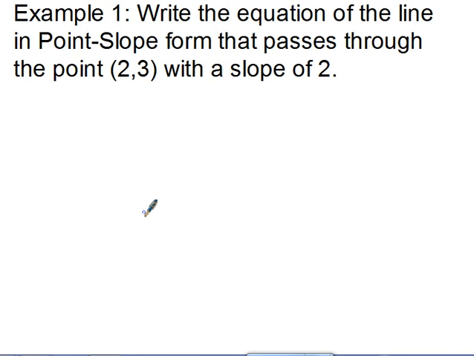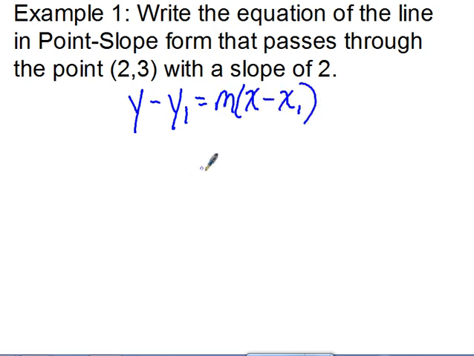Here we have an example. Let's write the equation of the line in point-slope form that passes through the point (2, 3) with the slope of 2. Very simply, we use our form y minus y sub 1 equals m times x minus x sub 1. Recall that m is our slope, so we'll substitute in our numerical value 2 for slope.